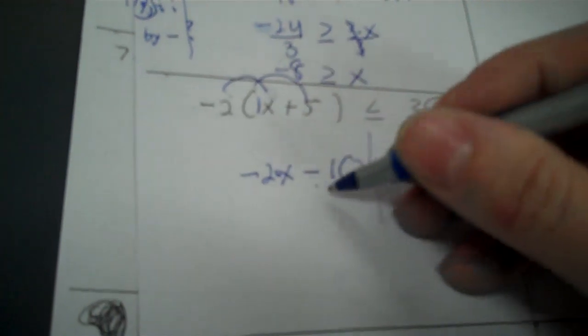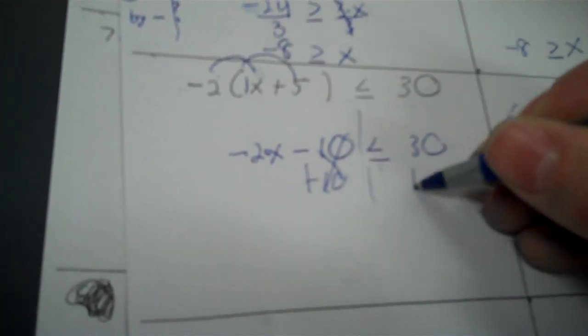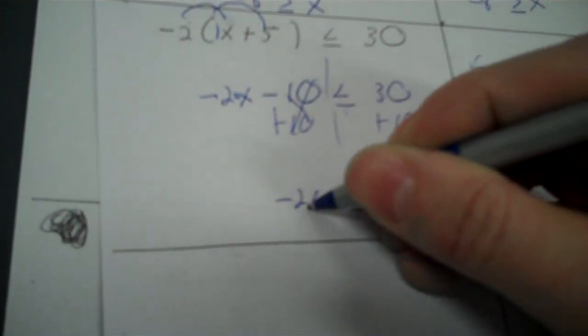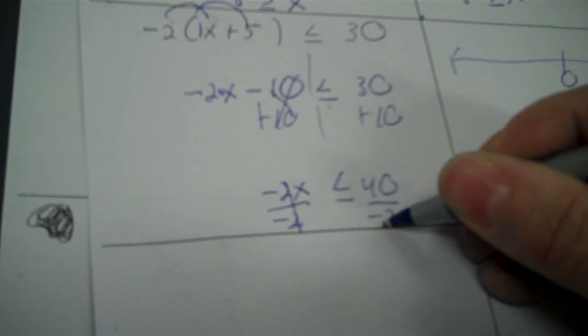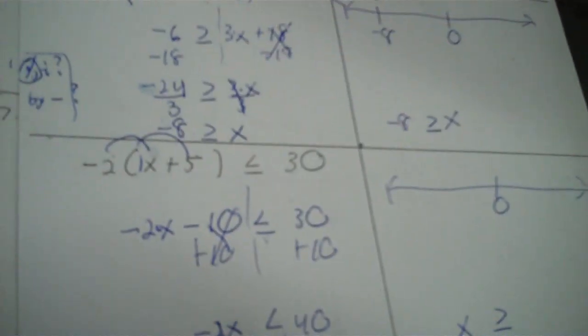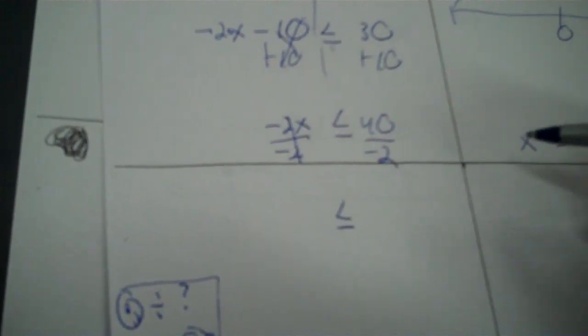Okay, so plus 10. That takes us to 40. Then divide by negative 2. I have x. And then I just keep lining it up until you get the x by itself.